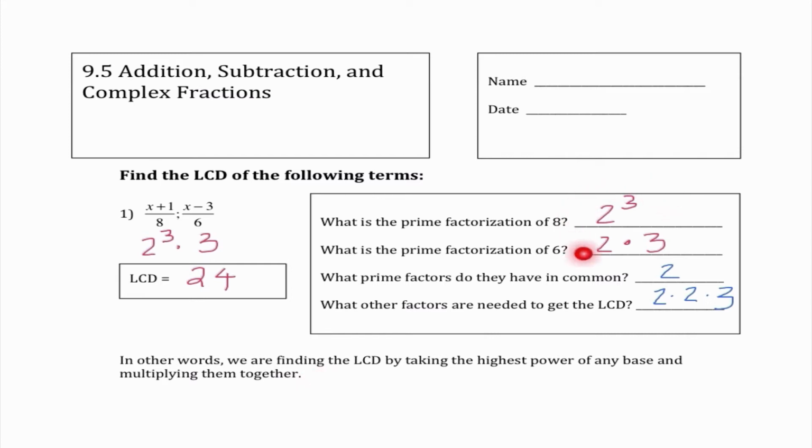So what I mean by that, if we look at the prime factorization, I notice we only have 2 bases. We have 2 and we have 3. The highest power of 2 is 2 cubed. The highest power of 3 is 3 to the first. So when I do 2 cubed times 3 to the first, I end up getting 24. So 24 is our LCD.